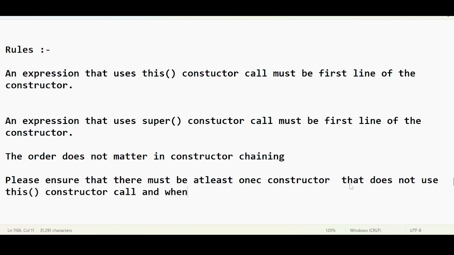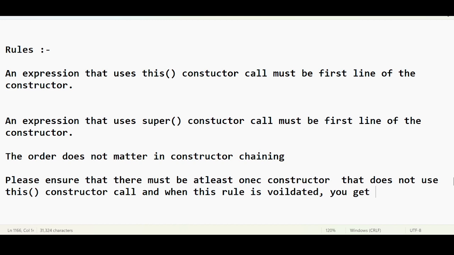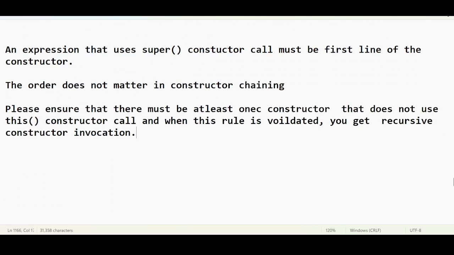When you violate this rule, what happens? You get a recursive constructor invocation error. Don't you think so? This is the error that we got. This is one case that needs to be observed.